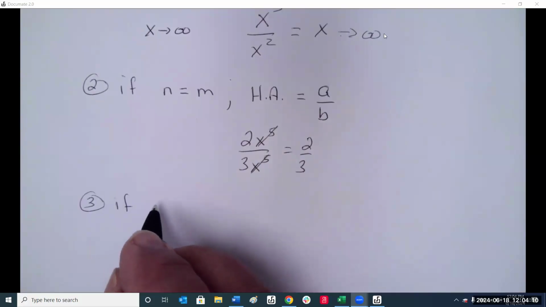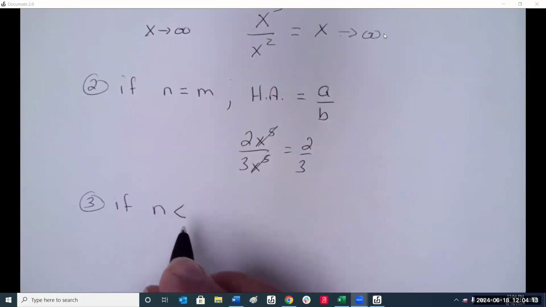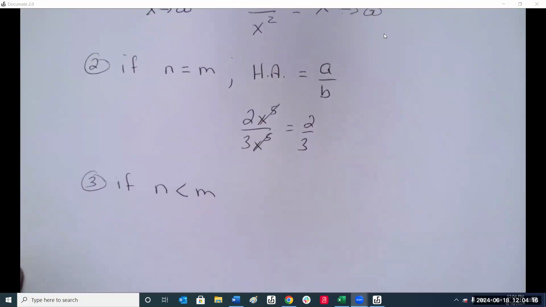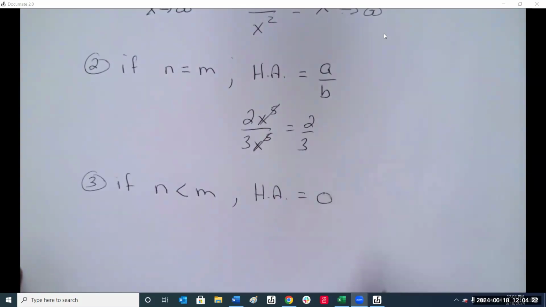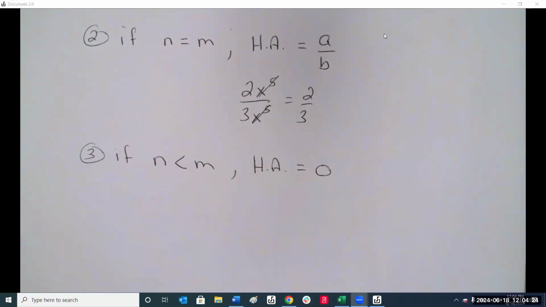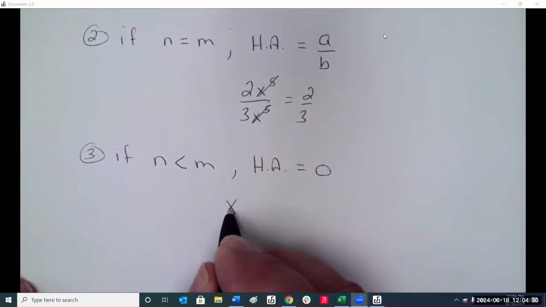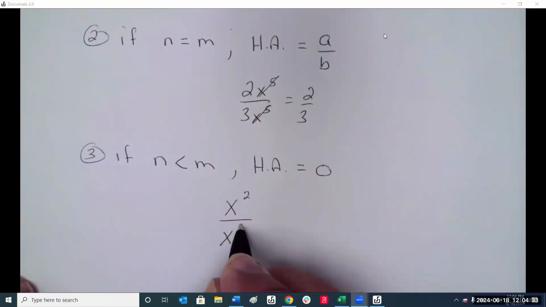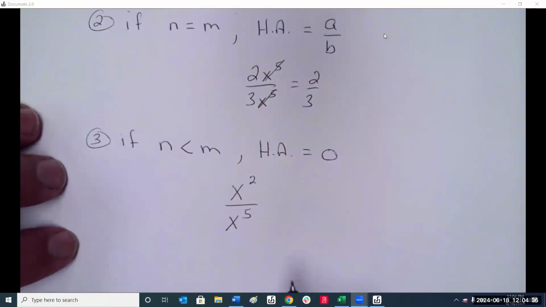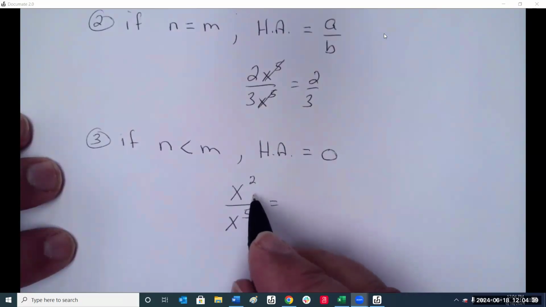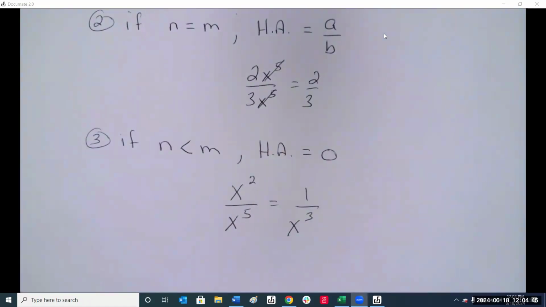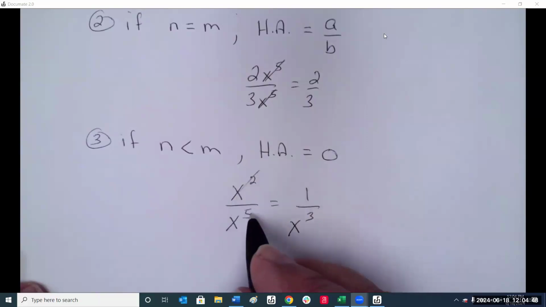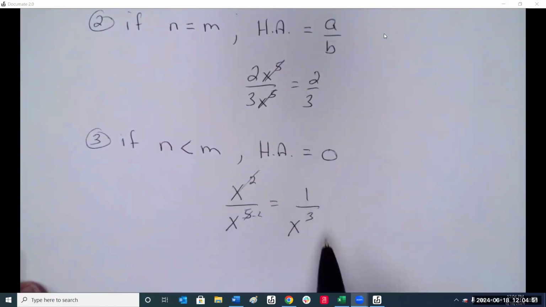And then the last one, if the top exponent is smaller than the bottom exponent, then the horizontal asymptote is 0. If the bottom exponent is bigger than the top, because the 2 of them cancel, which leaves us 3.